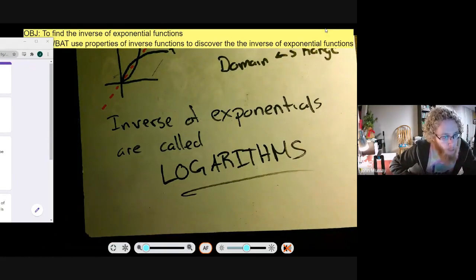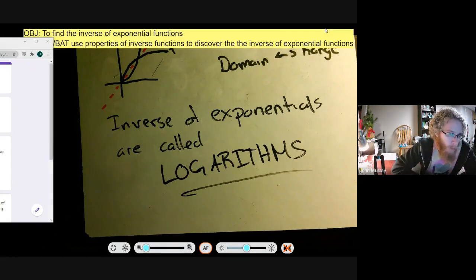Something called logarithms. There's a lot we can do with logarithms. They're used in real life a lot in science. We use logarithms when we are talking about sound.